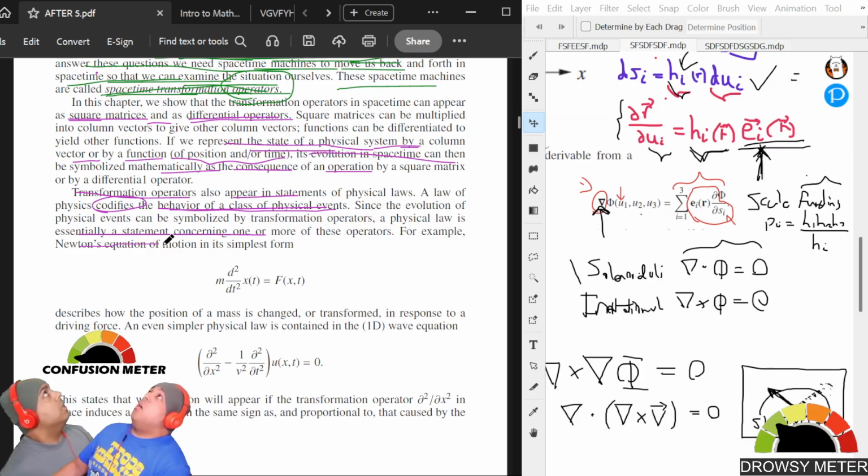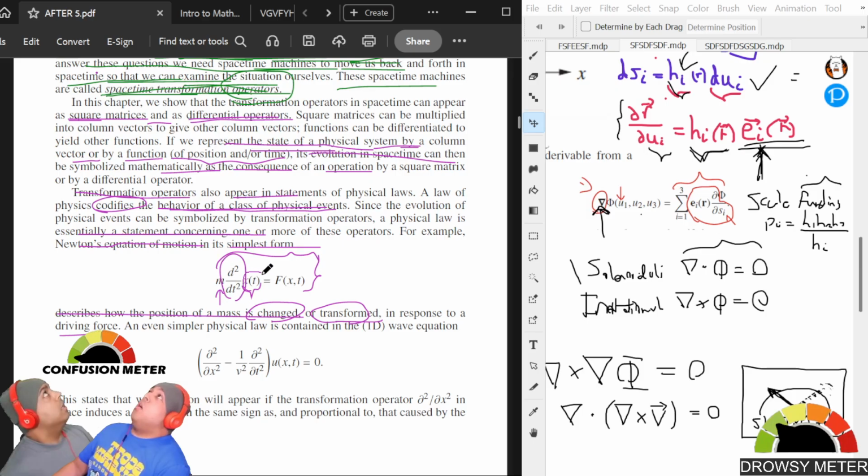For example, Newton's equation of motion, in its simplest form, describes how the position of a mass is changed or transformed in response to a driving force.